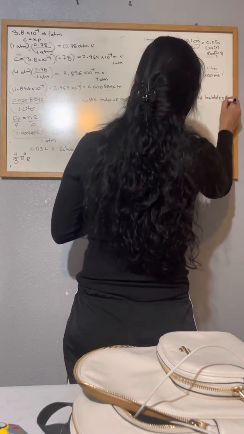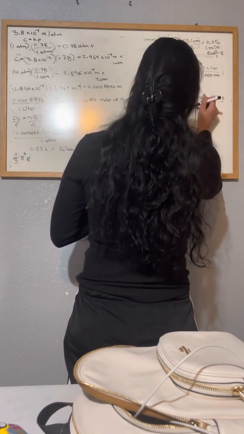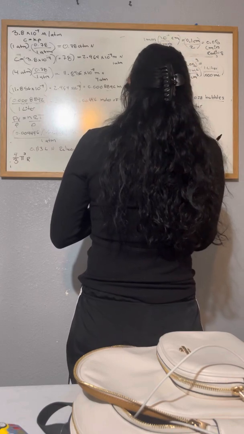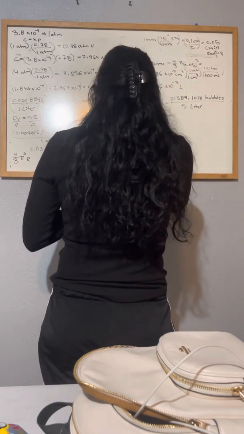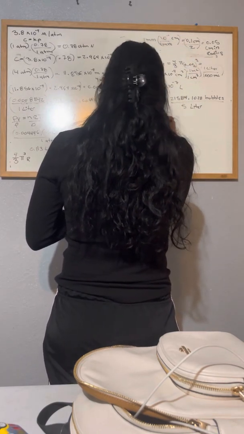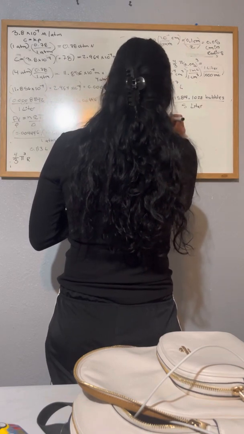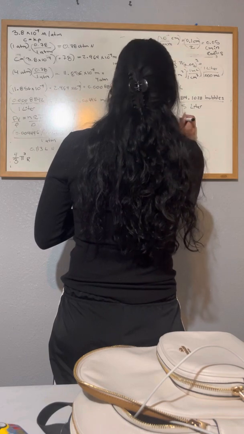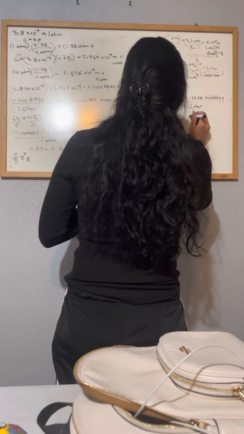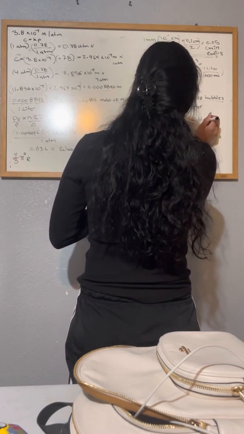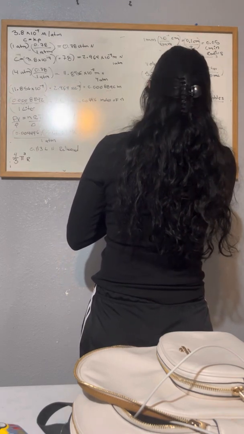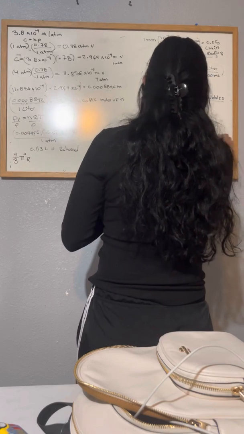We're going to divide that by 5, or 5 liters. So that means we get 43,162.82056 bubbles per liter. And there it is.